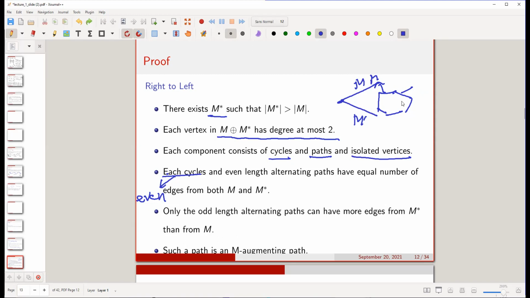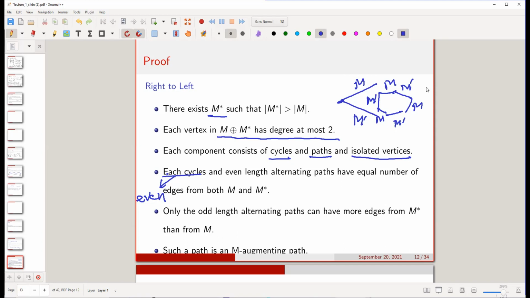So the edges in this cycle alternate between M and M prime: M, M prime, M, M prime. What does this mean? This means that every cycle will have the same number of edges from M as from M prime.